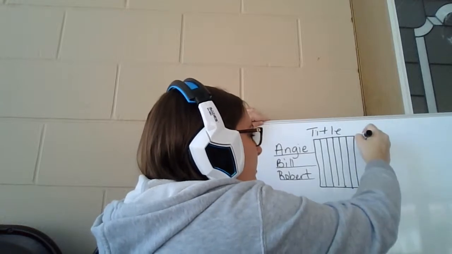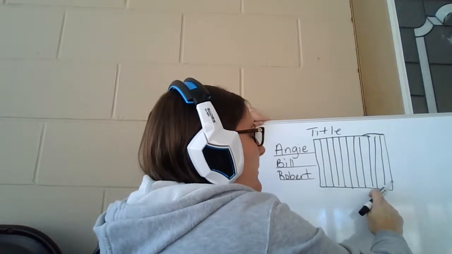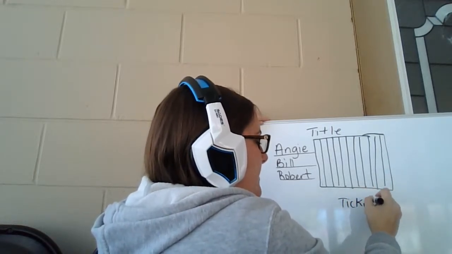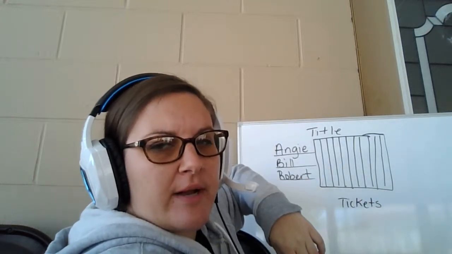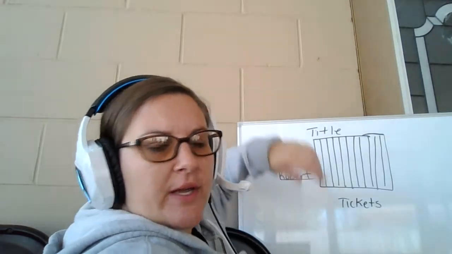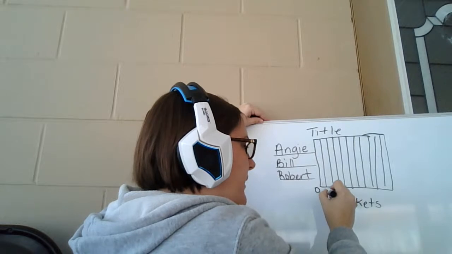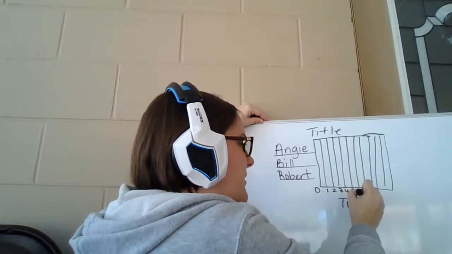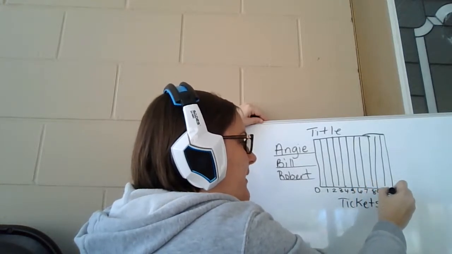But there's no numbers, right? It says tickets. So we need to put in the numbers. Let's start with 0 and we're just going to count by 1. 1, 2, 3, 4, 5, 6, 7, 8, 9. Every line gets a number. 10, 11.